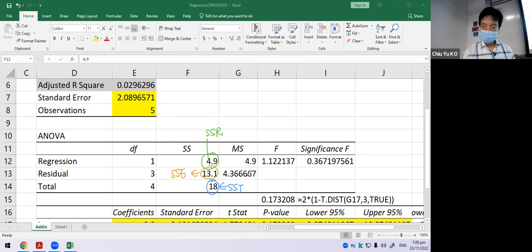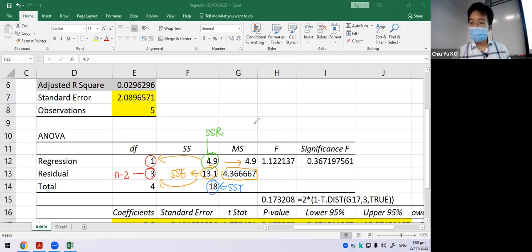Why do you have 3 here? This is just n minus 2. And for regression you always have 1 in our case, because we only have one variable, so we always have one grouping. If you divide this, you get 4.9, and if you divide this, you get 4.33, which is 13.1 divided by 3.